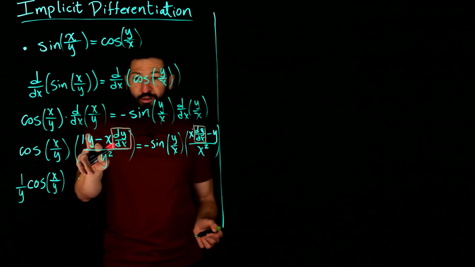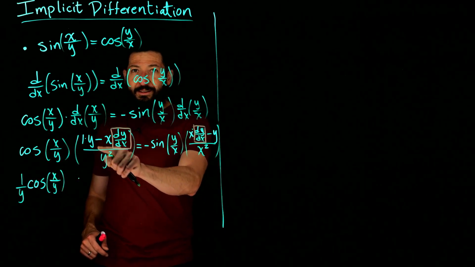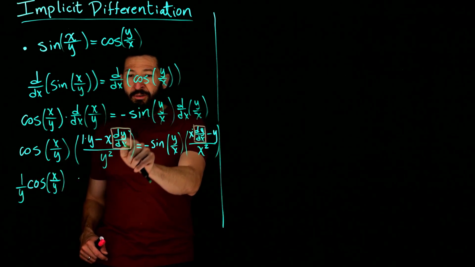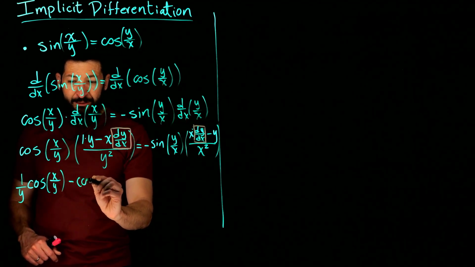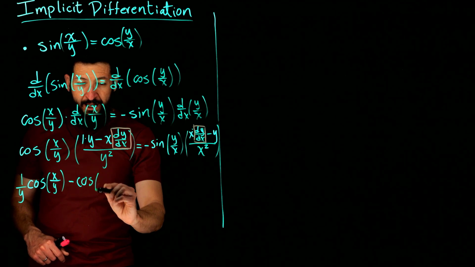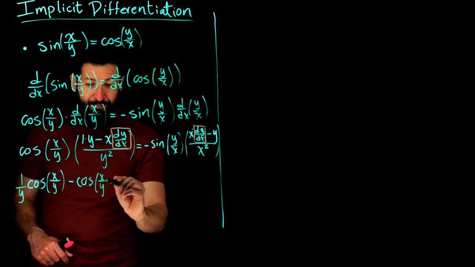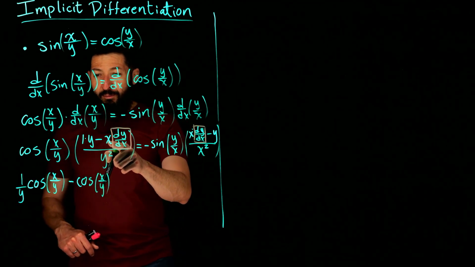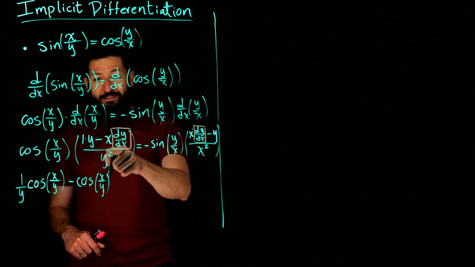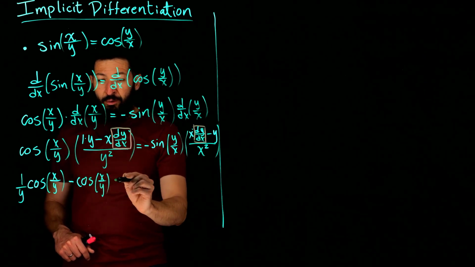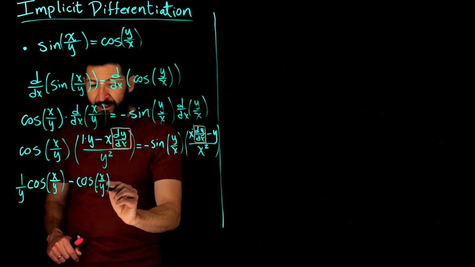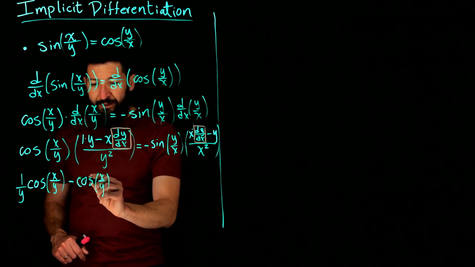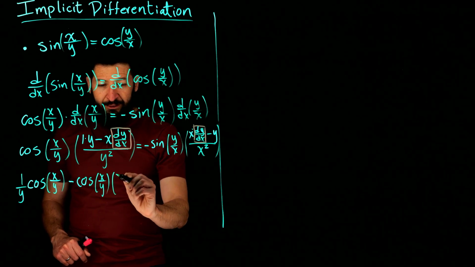So that's the first term. I distributed this term. I have to divide this one as well. Minus, I'm going to have a cosine of x over y, and then I'm going to multiply times x over y squared times cosine times dy dx.